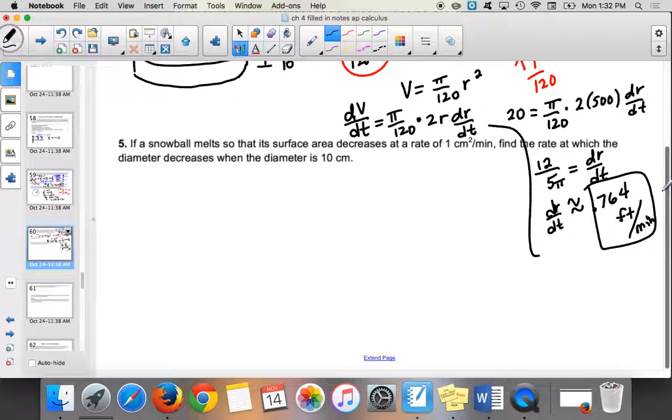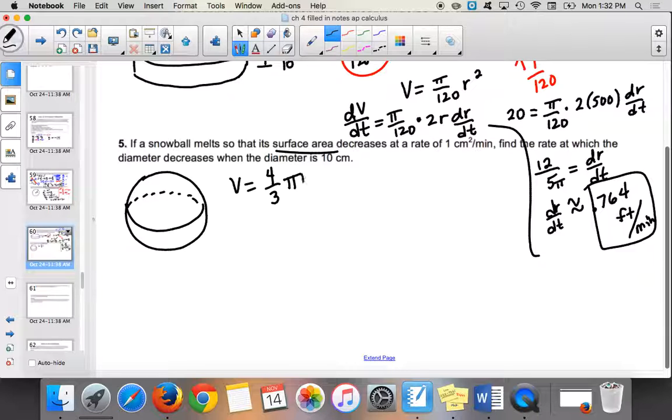All right, so a snowball. What shape is a snowball? It's a sphere. And what's the surface area of a sphere? Good question. I think we just talked about this the other day. The volume of a sphere is 4/3 pi r cubed. The surface area is its derivative, 4 pi r squared. So we're not using the volume equation.